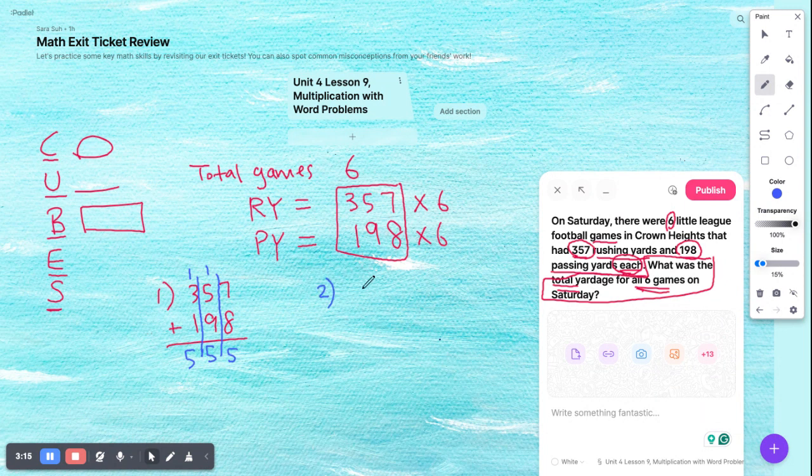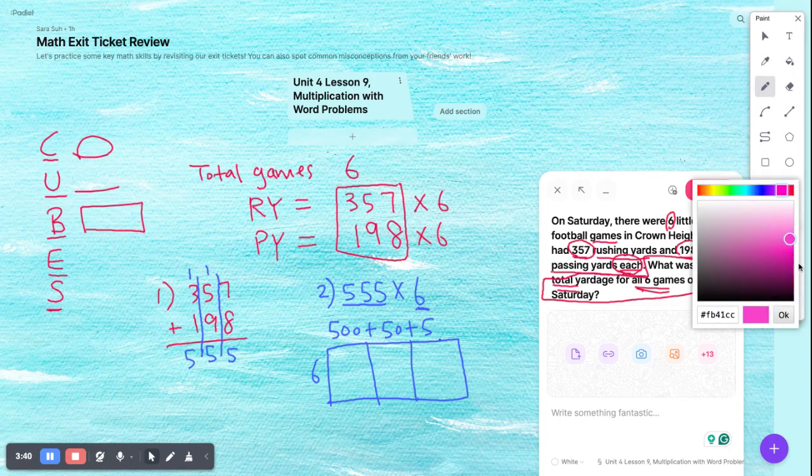So for step 2, I need to now multiply 555 times 6. All right, we know how to use an area model. So I'm going to make a rectangle with 3 spaces, and I'm going to stretch out 555. So that will be 500 plus 50 plus 5, and my 6 will be on my side.